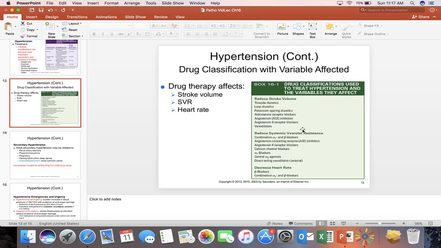You have the diuretics, the loop and the thiazide. You have the potassium-sparing diuretics, aldosterone receptor blocker, ACE inhibitor, angiotensin 2 receptor blocker, and venodilator. And then here you have the drugs that will reduce the vascular resistance, and then the ones that reduce the heart rate.